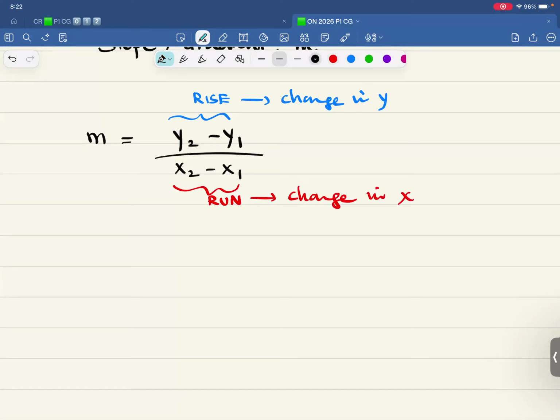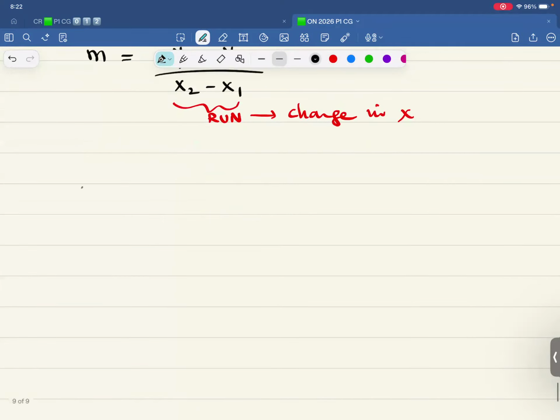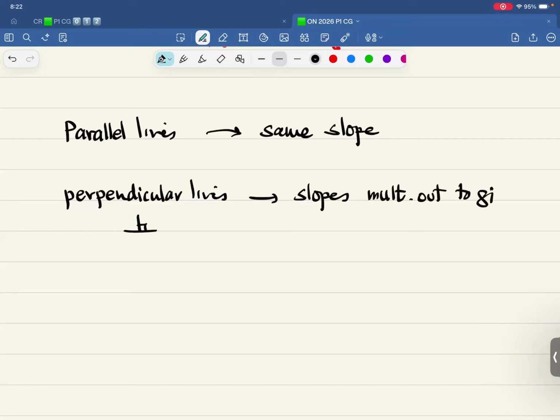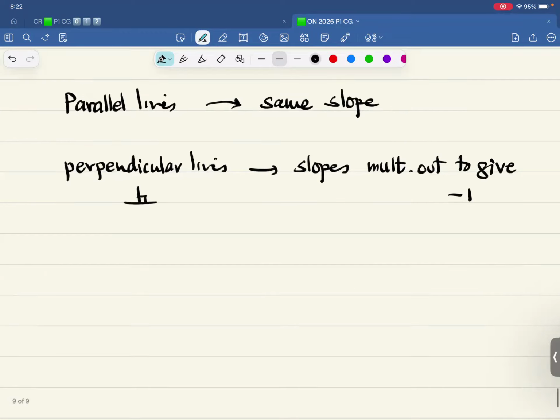And I'll be putting in some numbers also. When we talk about parallel lines, they have the same slope, same gradient. When we talk about perpendicular lines, and I'll use this symbol for perpendicular, their slopes multiply out to give -1.